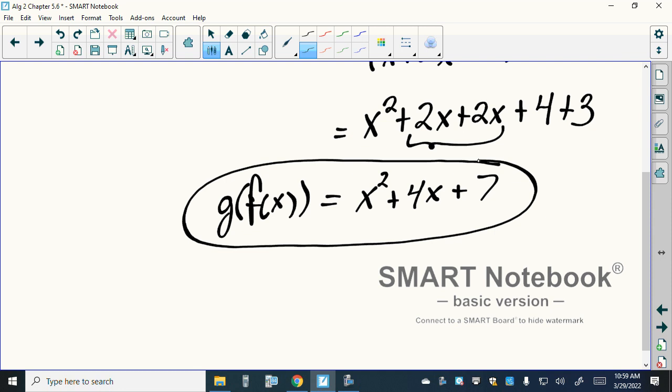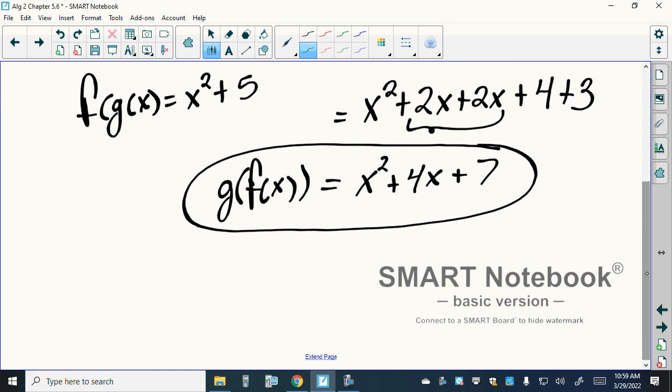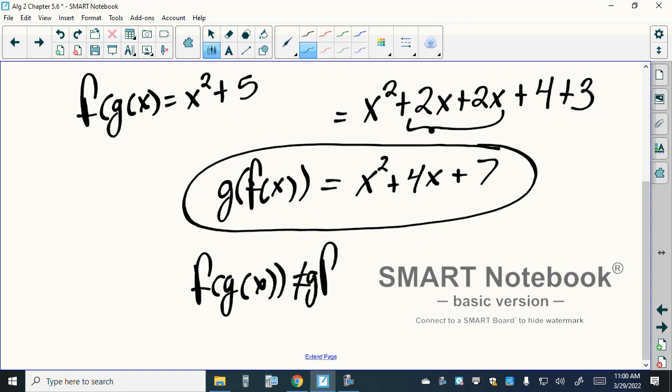Questions on this here? Was that the same as f of g of x? Well, what was f of g of x? x squared plus 5, yes? Is x squared plus 5 and x squared plus 4x plus 7 the same thing? No. So are these two functions the same? No. And for the most part, not always, for the most part, f of g of x is not going to be the same as g of f of x.